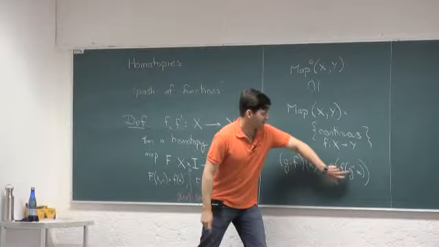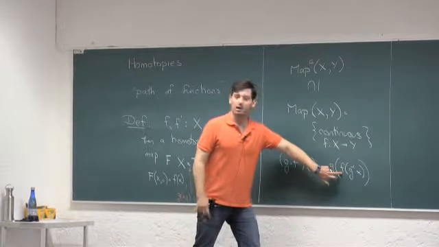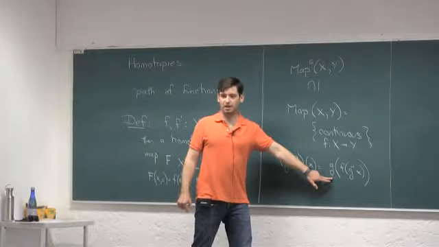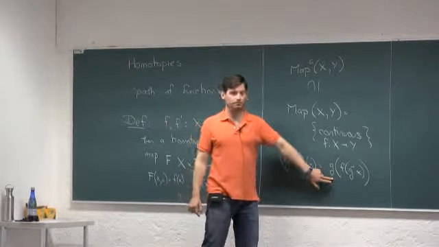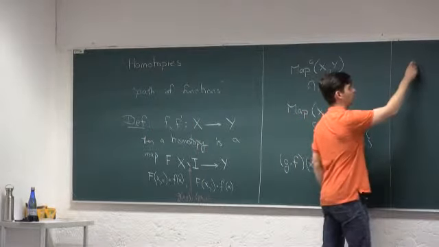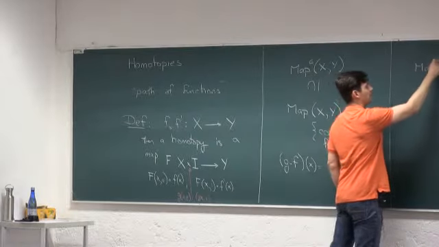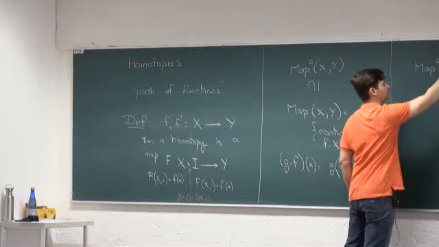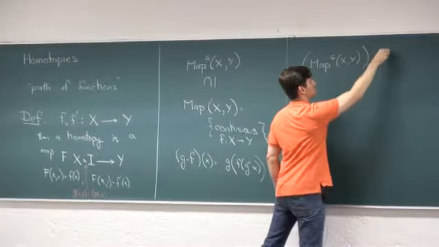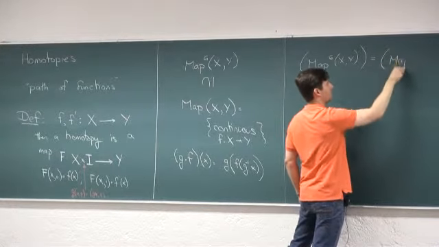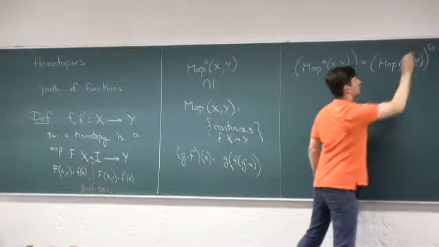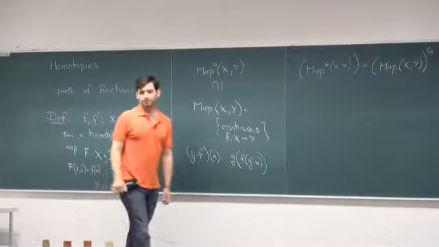And so this gave me a left action of G on the set of functions. Of course, left multiplication also was a left action, and so I was just doing both of them. Now, if I look at the fixed points, then map G from X to Y, well, this is the fixed points of the mapping space, all things.